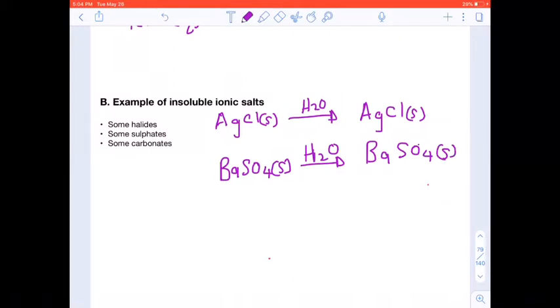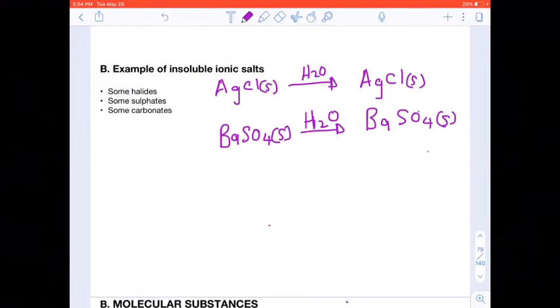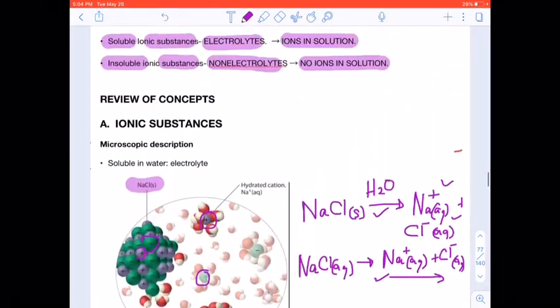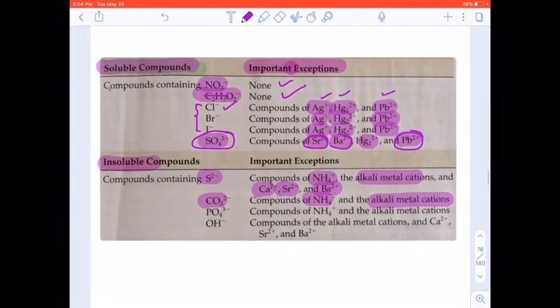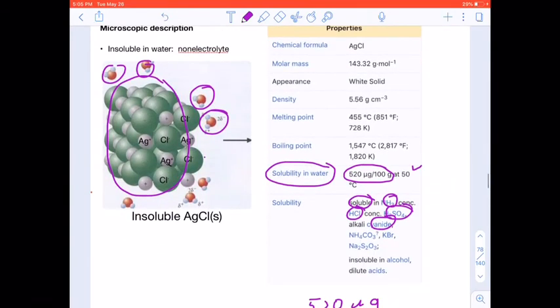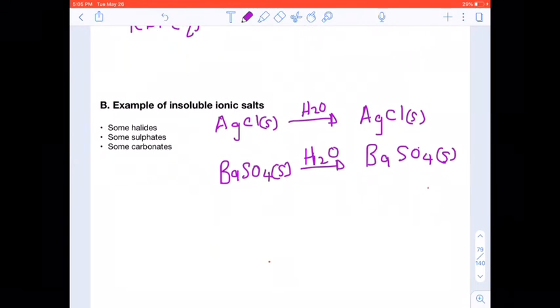Then if we look at carbonates also, which carbonates are insoluble? There we have it. The only carbonates that are soluble are ammonium carbonate and alkali metal carbonates. Otherwise, the rest are insoluble. Which means, in that case, we got barium carbonate.